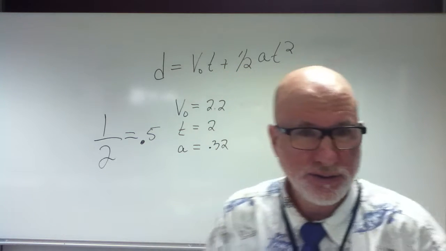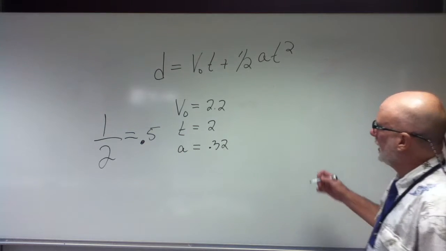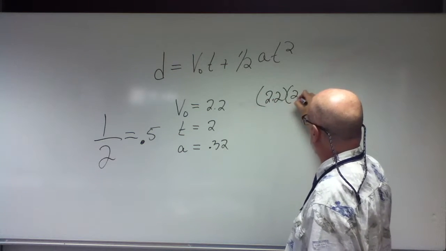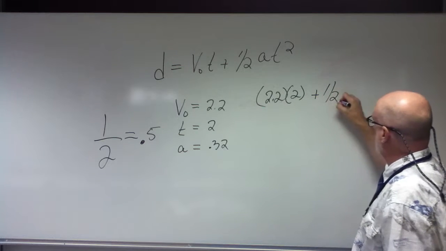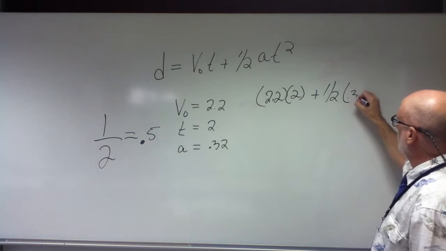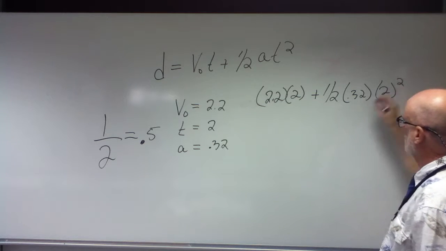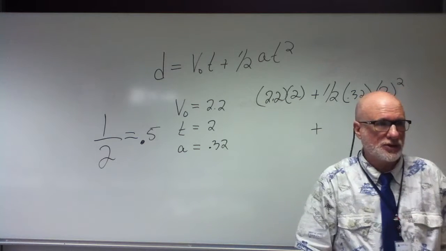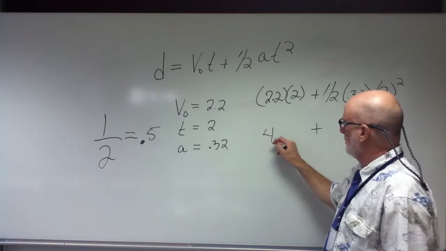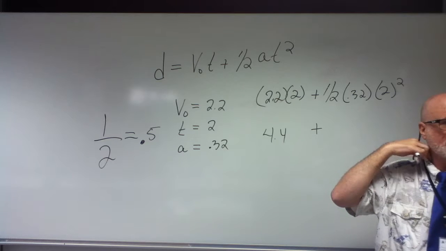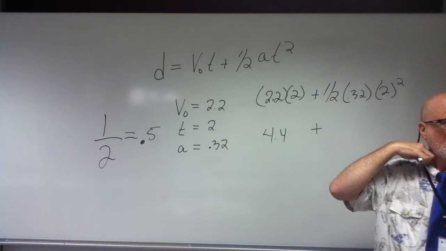Did you get it? Did you finish? I don't think it's right, but I got 18. All right, let's plug it in. So 2.2 times 2 plus 1/2 of 0.32 times 2 squared. 2 times 2.2 is 4.4. What's 1/2 of 0.32? 0.16.